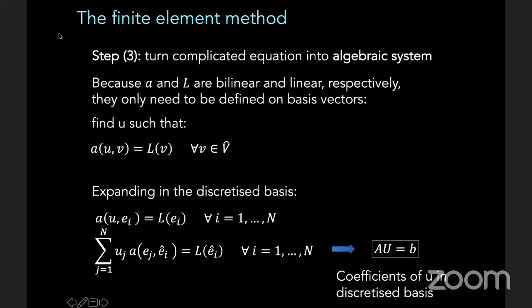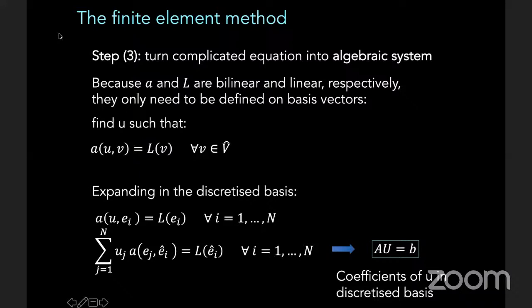So in this case, I'm just going to write an E_j, so this is the test function. If I ask that the equation holds for all the basis test functions, then it holds for all test functions. So this is one basis vector of the test vector space. This is one basis vector of what's called the trial vector space, the one that describes the function you're after.